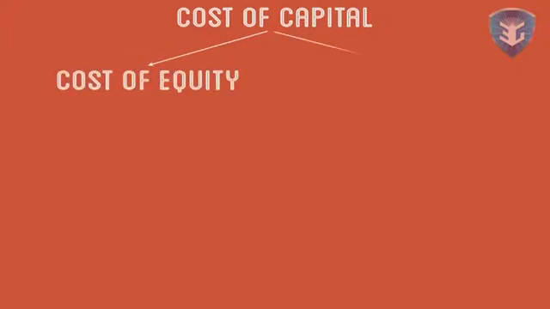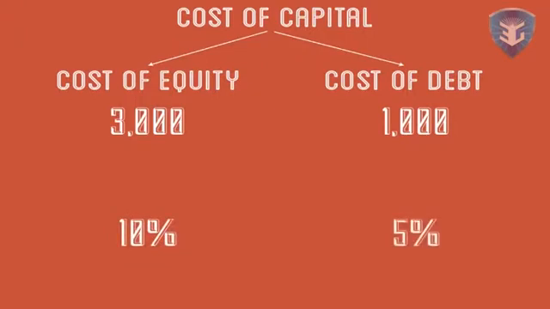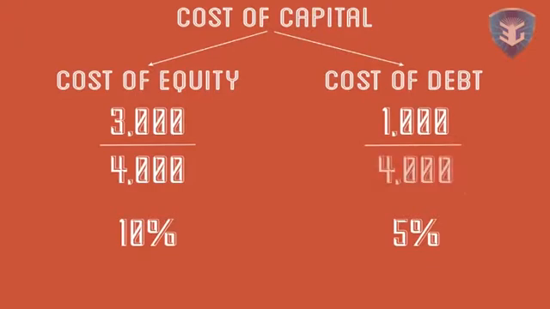So let's finish that off then. Cost of equity, cost of debt. Using book values, equity is 3,000, debt is 1,000. Cost of equity is 10%, cost of debt is 5%, I get told. Now just weight it up. 3,000 out of a total of 4,000, and 1,000 out of a total of 4,000.